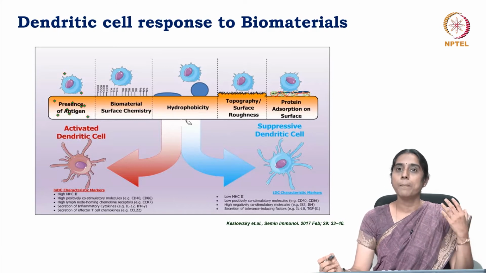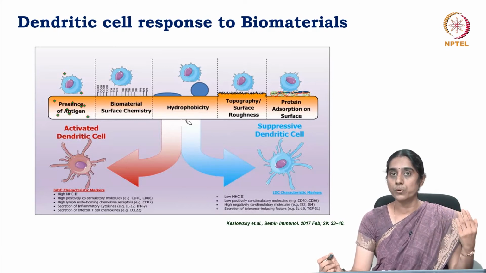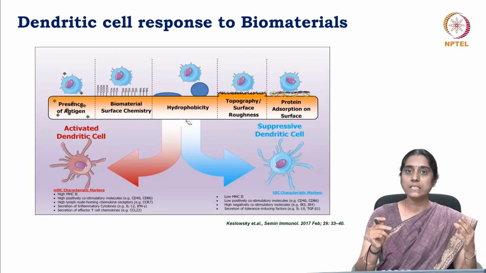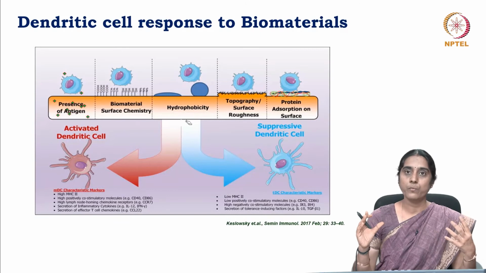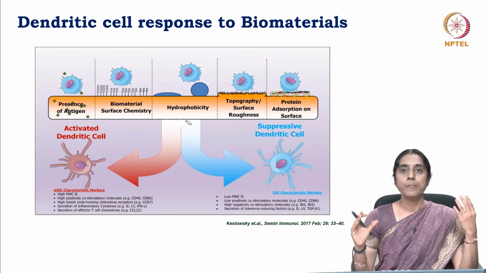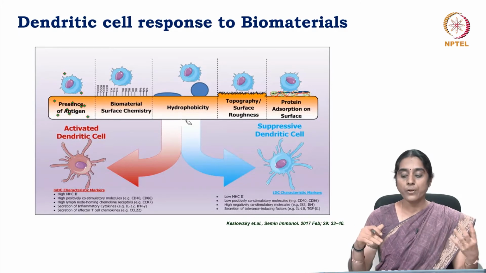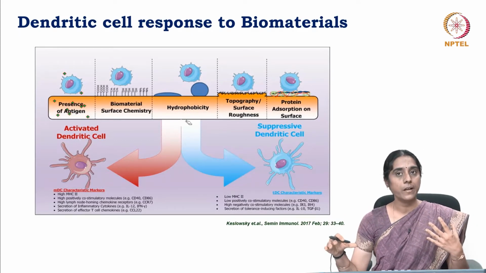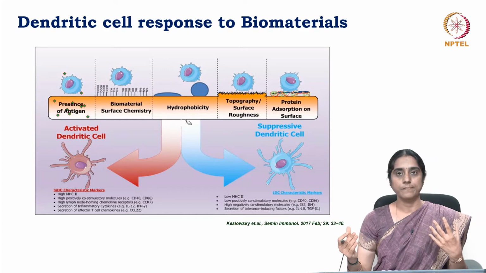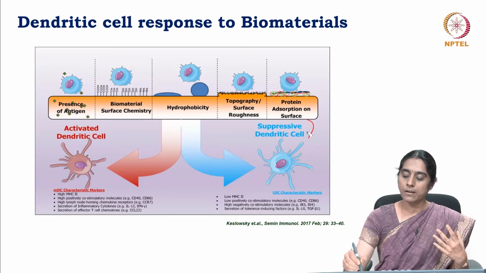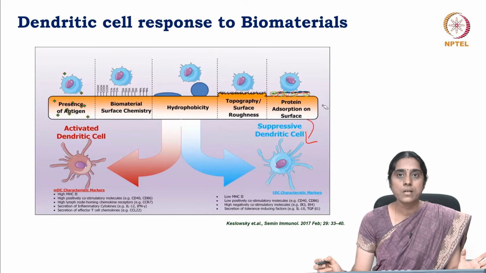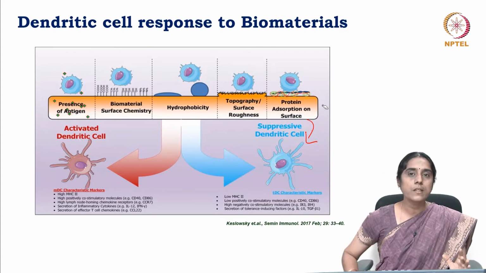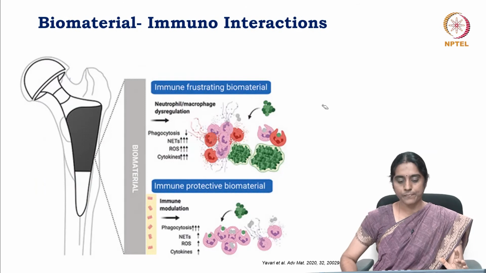All these parameters can be tuned so that we can achieve an ideal state of dendritic cell. If we want to activate certain properties, tuning has to be done, or if we need a suppressive dendritic cell, that can also be done. Specifically, when there is protein adsorption on a surface, that leads to suppressive dendritic cells.